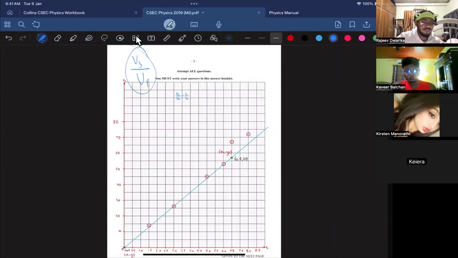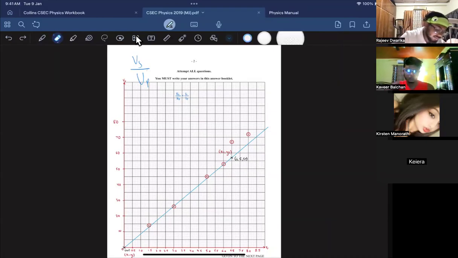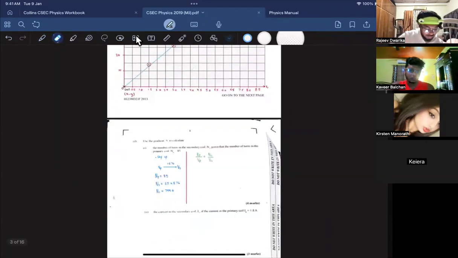Now, what is VS over VP? That is the ratio of voltage between the primary and the secondary. You understand that? And what is that also equal to? Ratio of turns. You'll see where we're going with this.